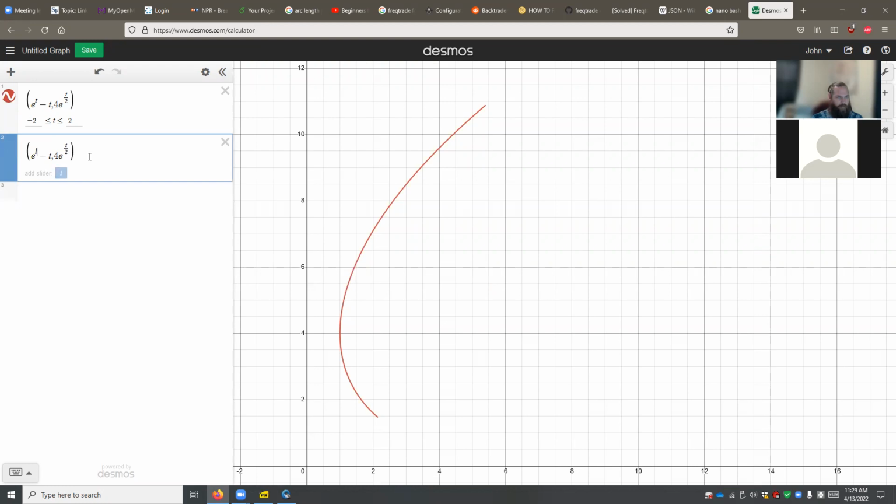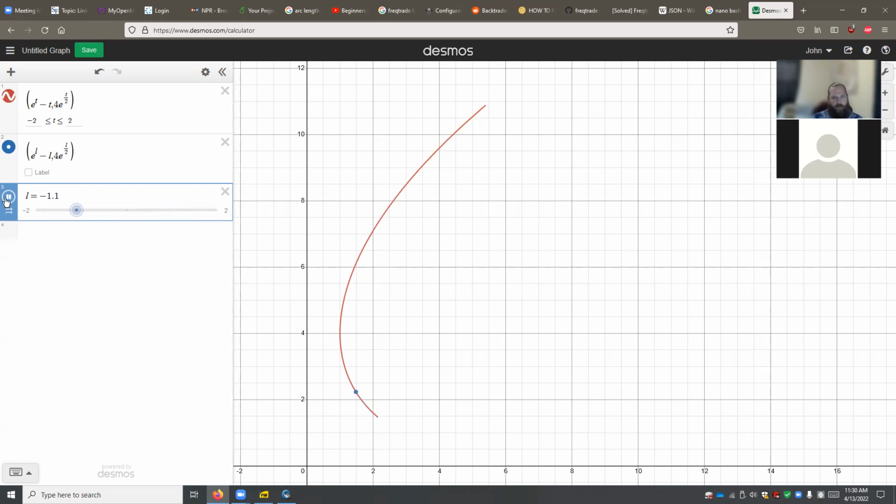If I replace these with some other variable, then I can give us a moving particle here. It's going to move from negative 2 to 2, with a step size of 0.01, in the forward direction.